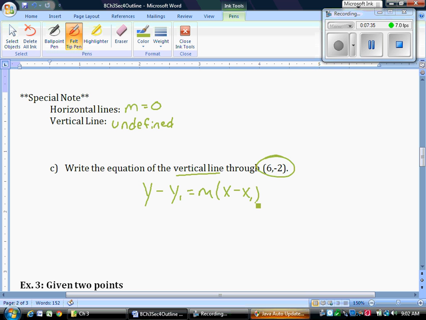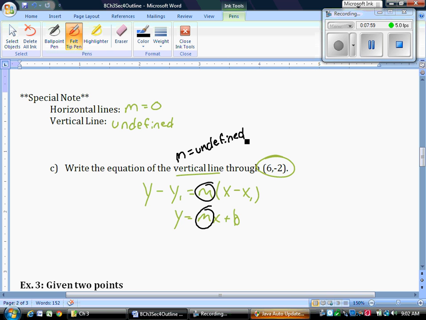The reason being is because both point-slope form and slope-intercept form involve slope. When I have a vertical line, remember my slope is undefined. Since it's undefined, I cannot use slope at all.